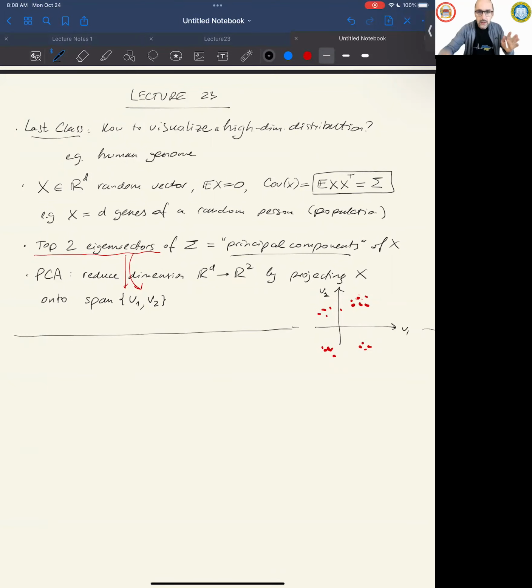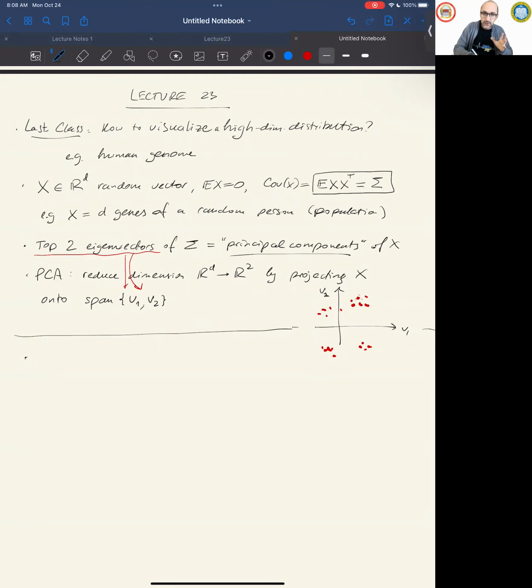Cool. So now we have a big problem that's kind of lurking in the background. If we want to visualize the genome of the human population in the world, this procedure assumes that we have access to the entire world's population. And we don't. We usually have access only to a very small sample of it.